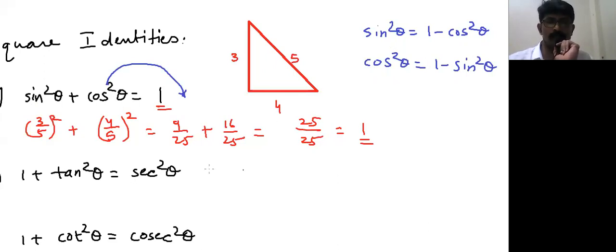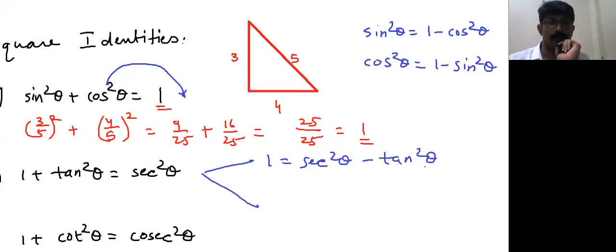Okay. So from here, again, 2 more identities can be written. 1 is equal to sec square theta minus tan square theta. And then tan square theta can be written as, guess what will happen? Yes, many of you guessed it correct. Sec square theta minus 1.